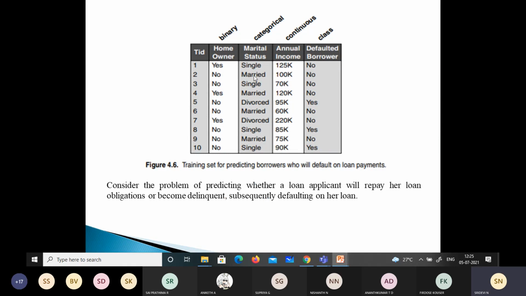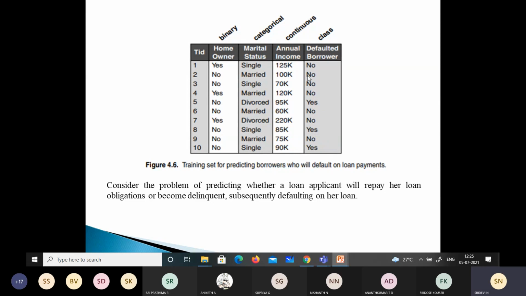Default borrower is no. No, married, no. So how many such records do we have, we'll check, and how many with yes we will check. Okay, no, married, and no. Then no, married, and no. Okay, 2 records, and we also have no, married, and no. So all these belong to the same class? No, no, no. They are not homeowners, they are married, and they have also repaid the loans.